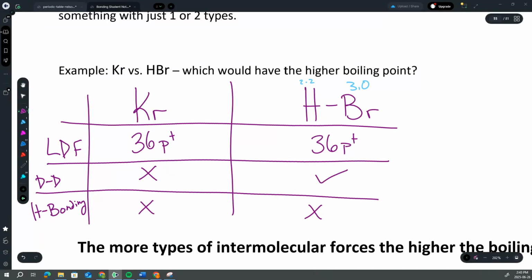So looking at all of the intermolecular forces here, both of them have the same amount of London dispersion forces. However, hydrogen bromide has more types of intermolecular forces because it has London dispersion as well as dipole-dipole. Therefore, hydrogen bromide is going to be the one that has a higher boiling point because it has more intermolecular forces.